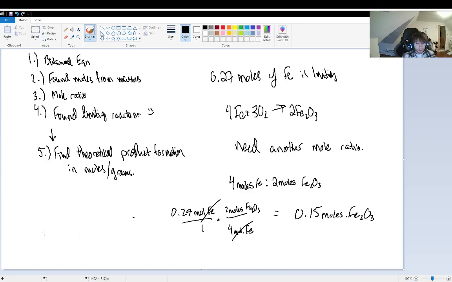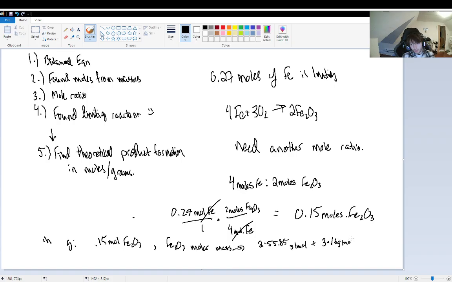In grams now, I have 0.15 moles of Fe2O3. The Fe2O3 molar mass is written as 2 times 55.85 grams per mole plus 3 times 16 grams per mole.